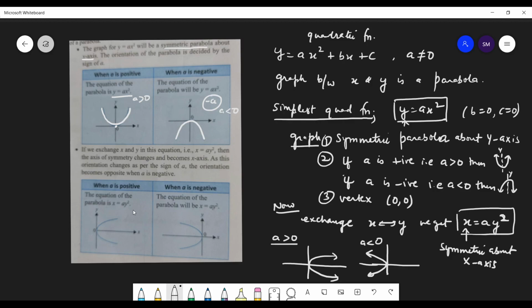So for the equation x equals a y squared, when a is positive, this will be a graph passing through the vertex, and when a is less than 0, a is negative, you get the other one. Okay, students?